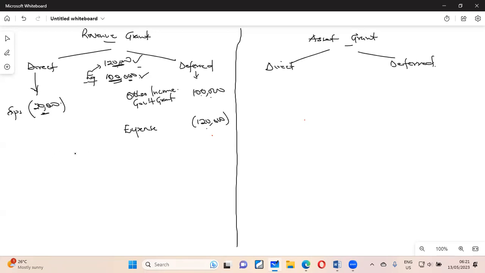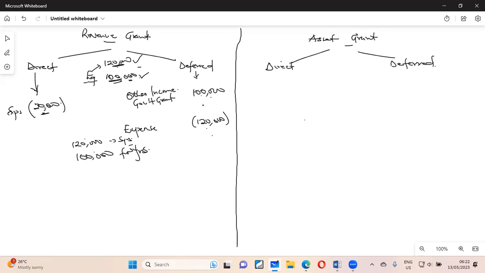If you receive a grant of 100,000 for, let's say, 5 years, and the expense is 120,000, which you are also going to spend over a period of 5 years, it means that every year you have to divide this one by 5 and divide this one by 5.